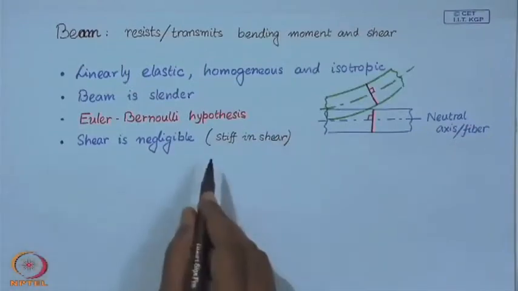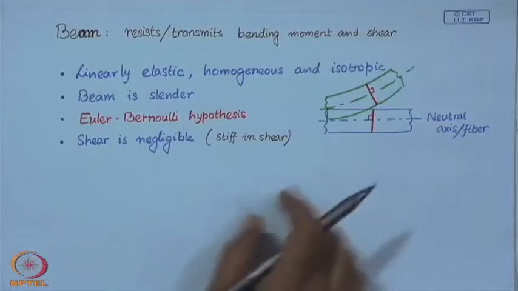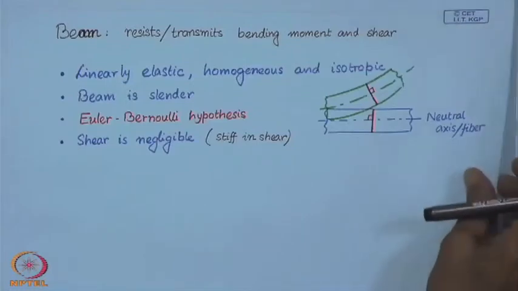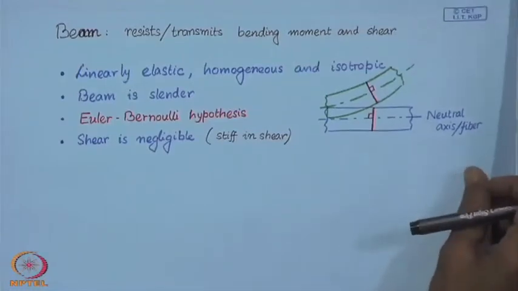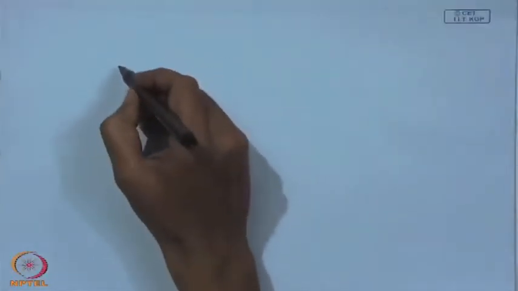So, we will assume that the shear strain in the beam is negligible, and another way of saying this is that it is infinitely stiff in shear. So, now with these assumptions, let us get down to modeling of the beam.